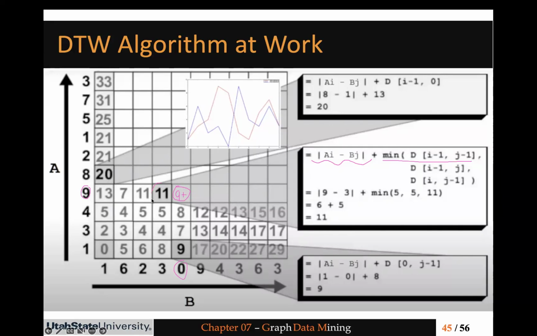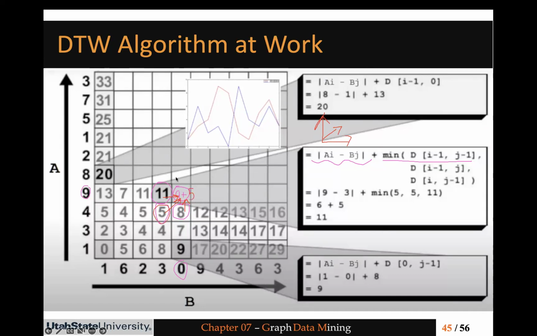Why am I highlighting those cells in particular? Because these are the only ways I could have landed in this particular cell. I could either have come from the left, from exactly the bottom, or from the bottom on the diagonal level, which reflects the three different movements allowed in DTW: either right, upward, or diagonal right. In this case, the minimum value is equal to 5.